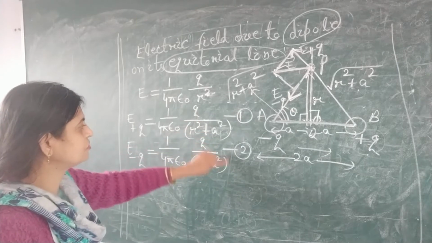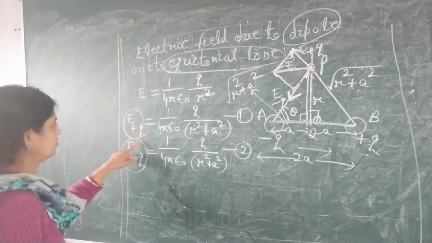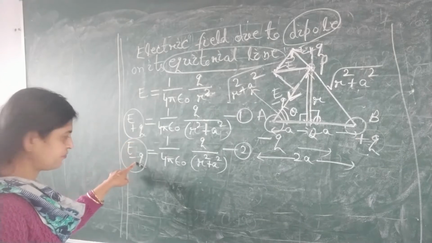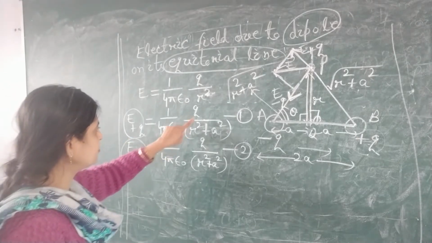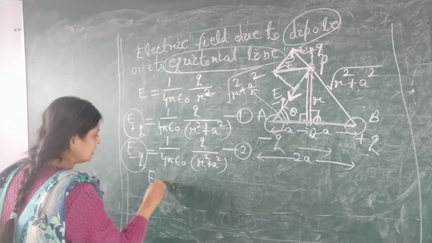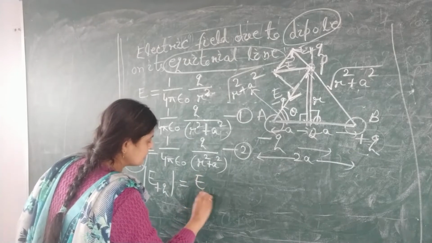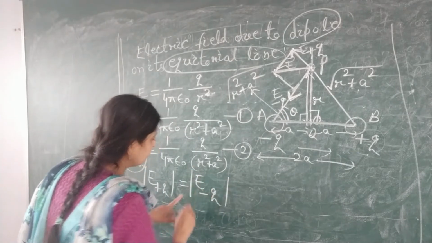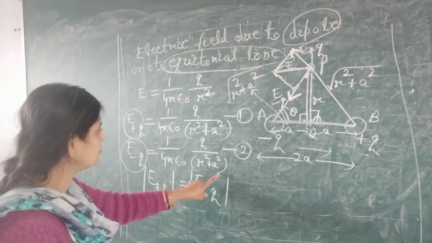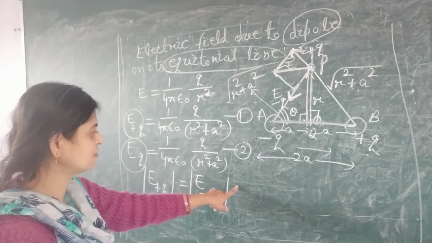Mark these two equations, E plus q and E minus q. Only the directions are different, but their magnitudes are the same. So we can write the magnitude of E plus q is equal to the magnitude of E minus q, which is equal to 1 by 4 pi epsilon naught q divided by r square plus a square.